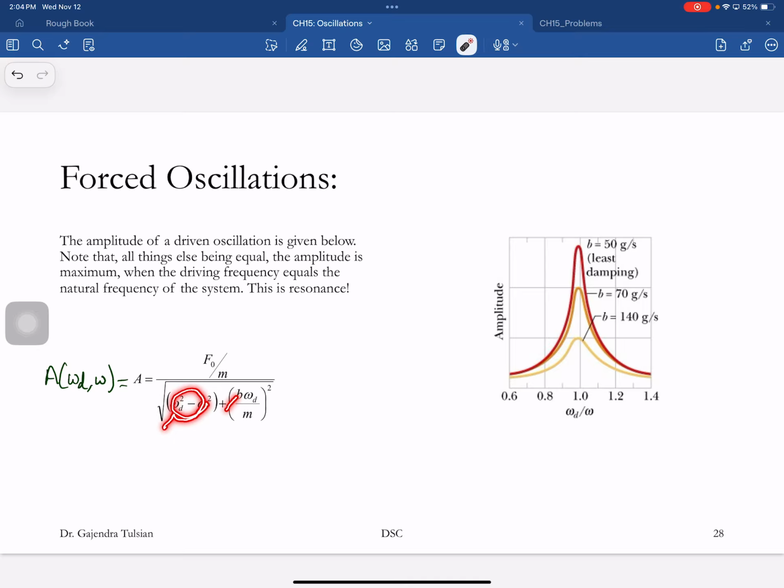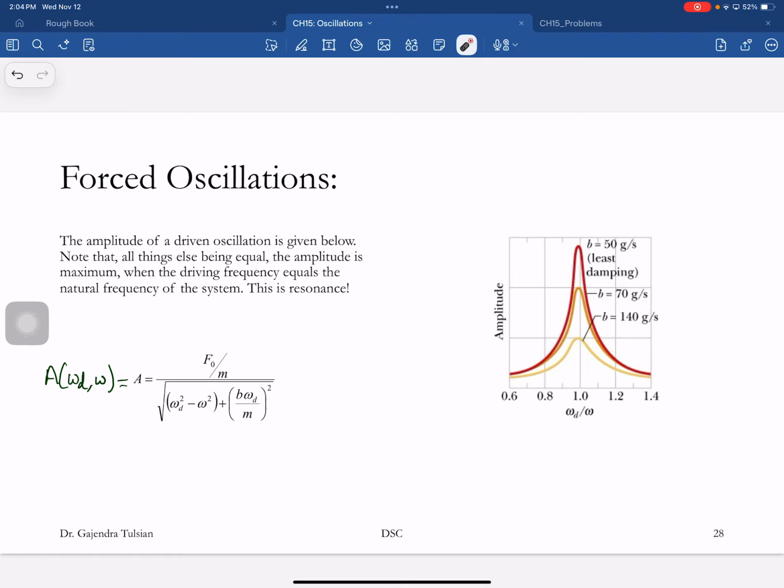And if this term is small, then this amplitude of oscillation can get large. That's what this is showing you. For smaller and smaller friction, smaller and smaller B, when the driving frequency matches the natural frequency, that is 1, you see the amplitude of oscillation is getting larger.